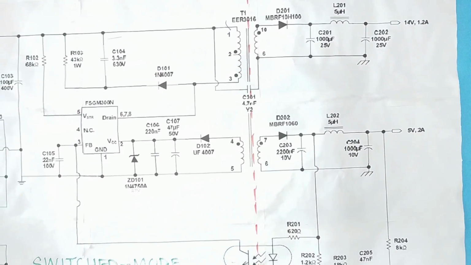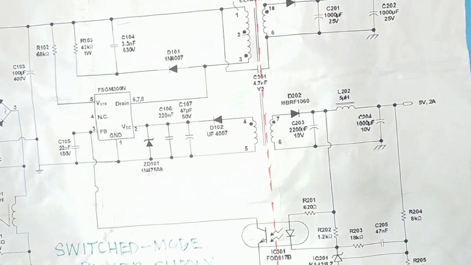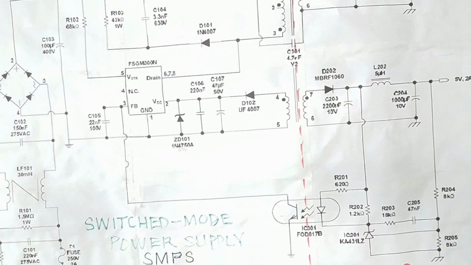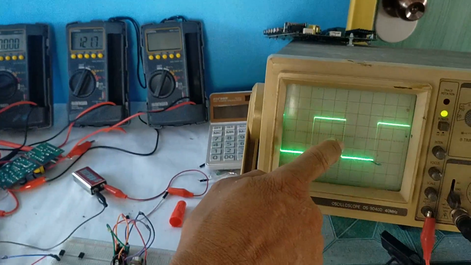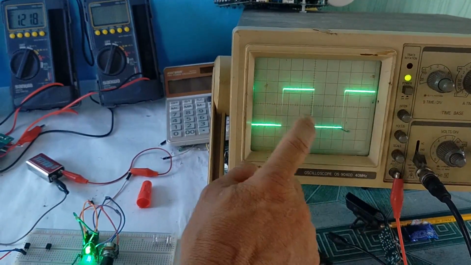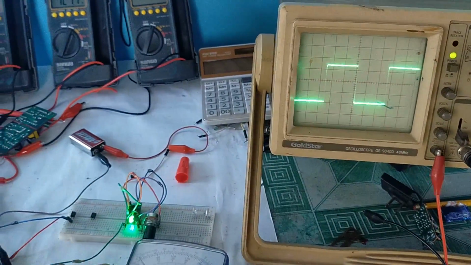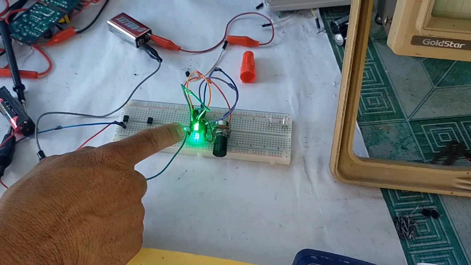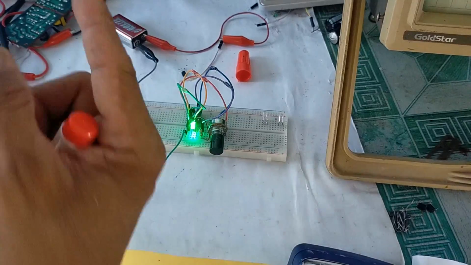Meaning to say that the transistor turns on and off 100,000 times in 1 second, because there are 100,000 pulses in 1 second. So, how many pulses in 1 second here? Probably it has 3 pulses only, 3 hertz in 1 second.